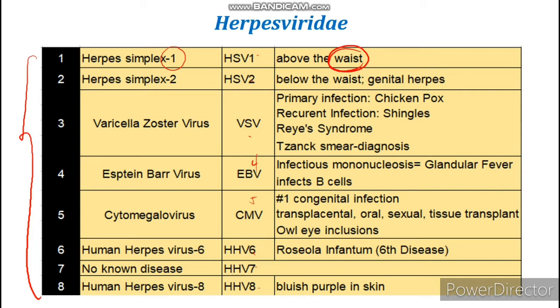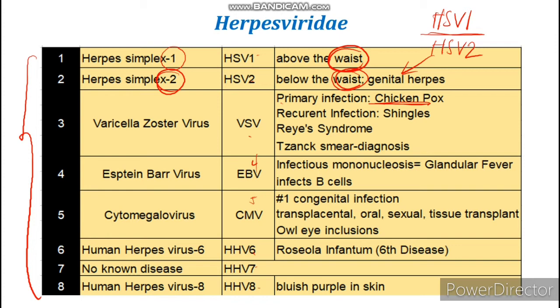Kapag herpes simplex 2, it's below the waist. So tatandaan nyo, pag herpes simplex 1, sa above ng waist. Kapag herpes simplex virus 2, below the waist. And usually the cause of genital herpes. Next, your HSV 3 is the varicella zoster virus, wherein yung primary infection ng VZV is the chickenpox.